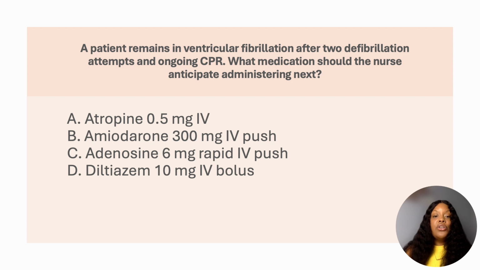If you chose B, amiodarone 300 mg IV push, then you are correct. So remember, we're going to give that antiarrhythmic medication to try to restore rhythm in this patient after they have been shocked 2 times and have had ongoing CPR.